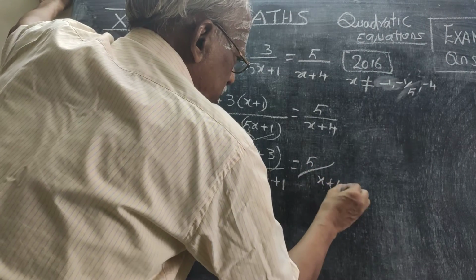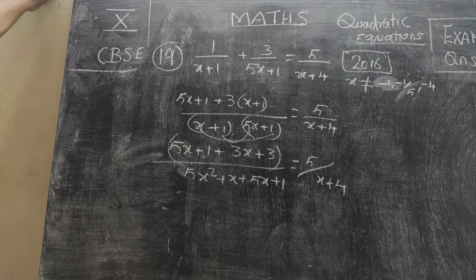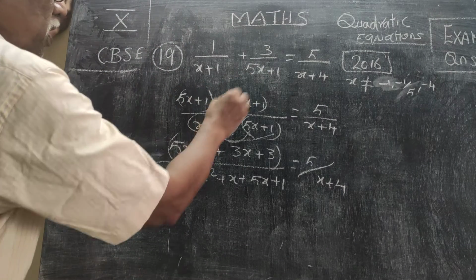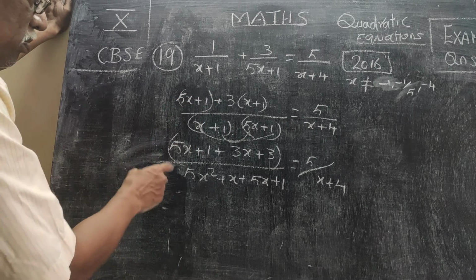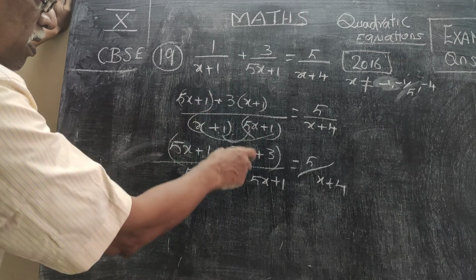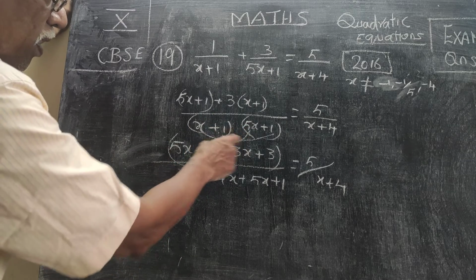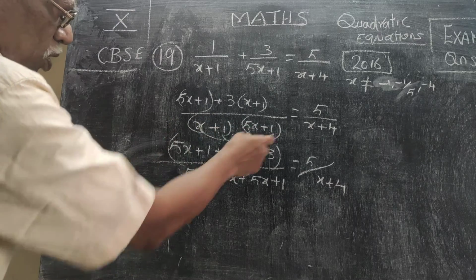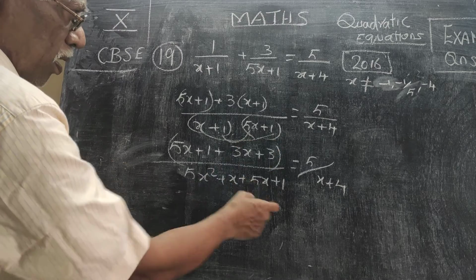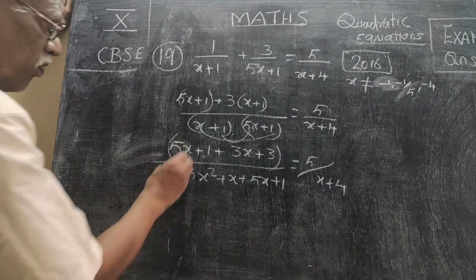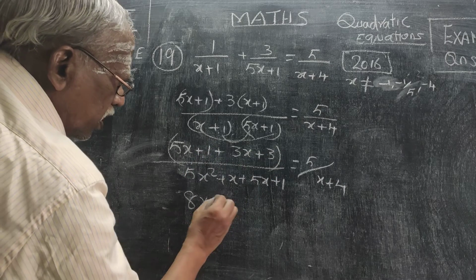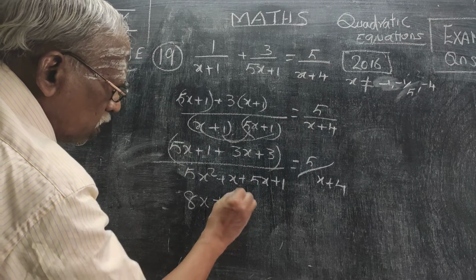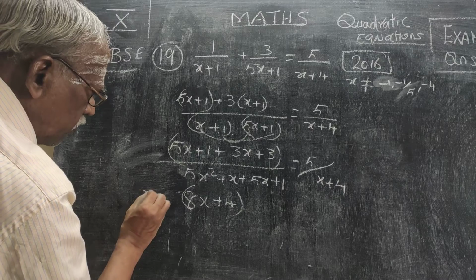Let it be as it is. So 5x plus 1, the next step 3 times of x plus 1. On removing the bracket, 5x plus 1 plus 3 into x, 3x plus 3 divided by 5x square plus x into 5x, x into 1, 1 into 5x, 1 into 1 equal to this. 5x plus 3x is 8x. 3 plus 1 is 4 into x plus 4.